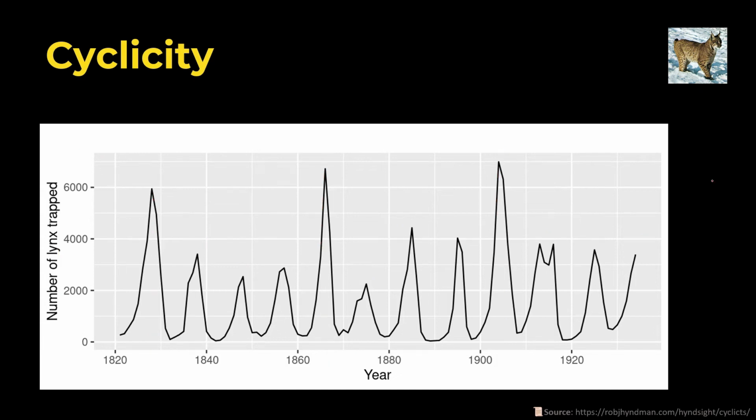A quick note on the importance of cyclicity. We should factor cyclicity into our modeling process, especially when the data spans multiple years. You can see the data spans from 1820 to 1920, almost 100 years, with multiple occurrences of cyclical patterns. Imagine if we had data only from here to here, about 20-25 years.